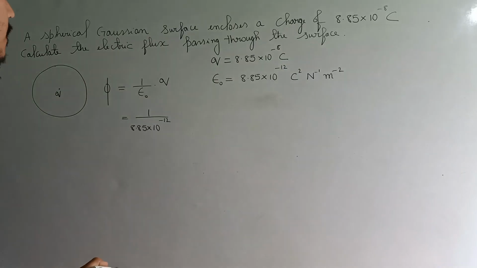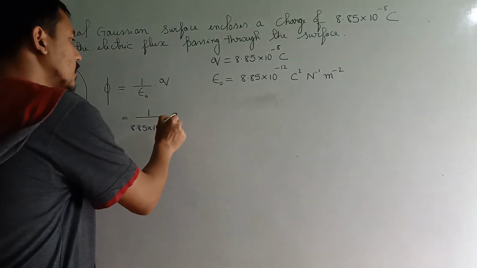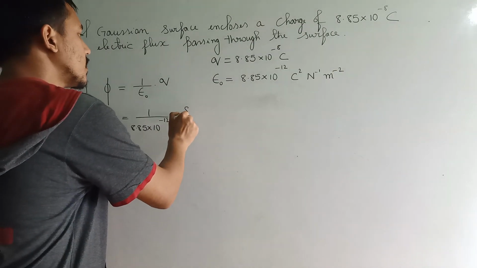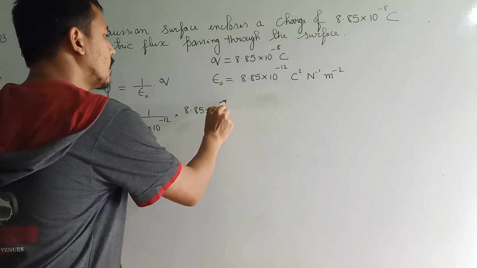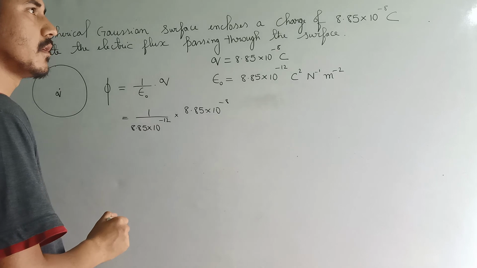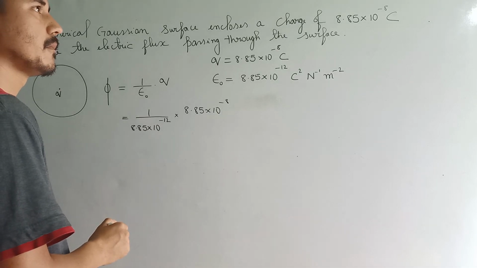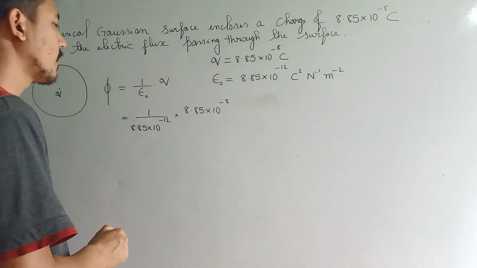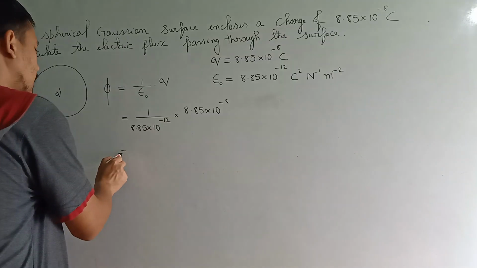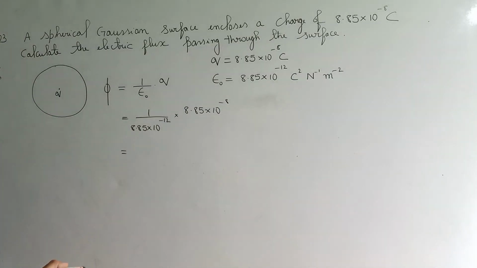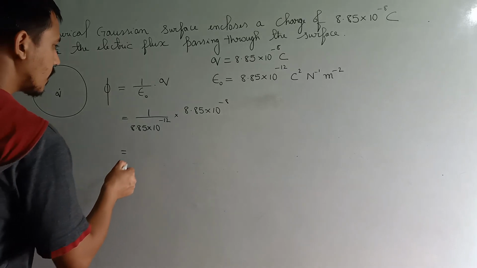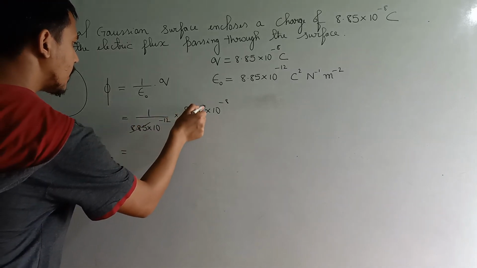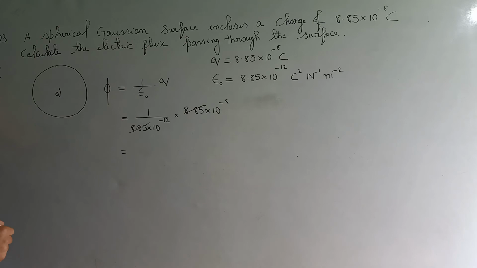Okay. We need to write the unit here into Q. Your Q is 8.85 into 10 to the power minus 8. Then what do we have here? 8.85 cancels out.